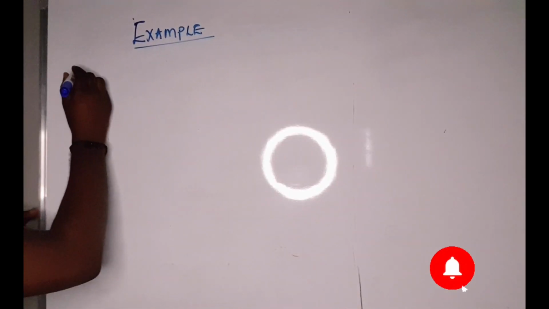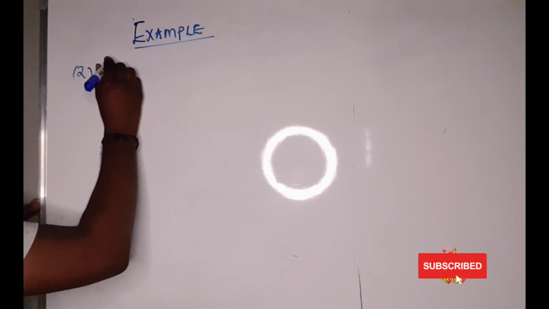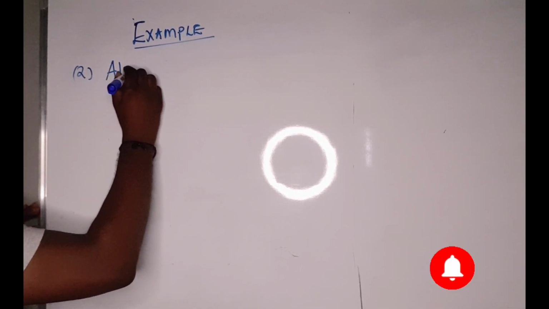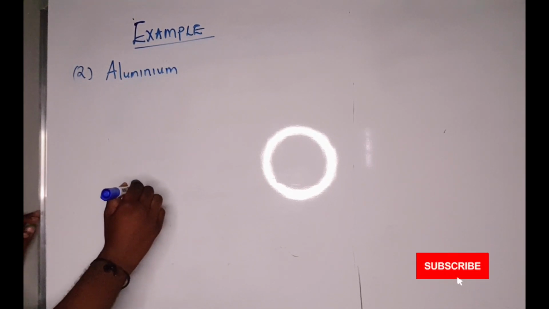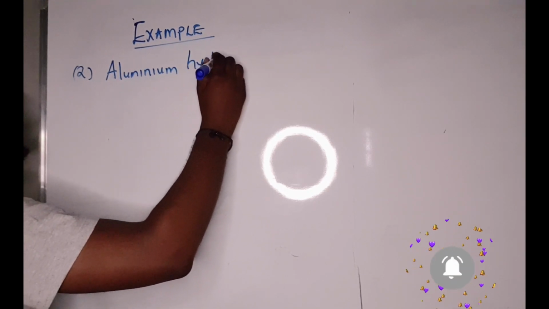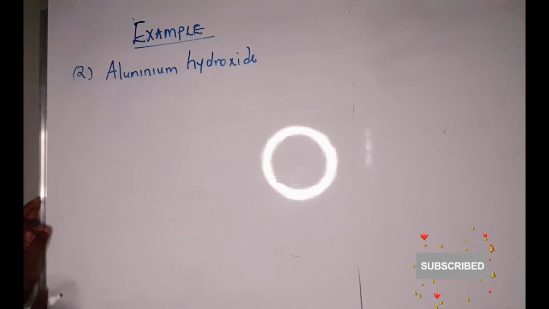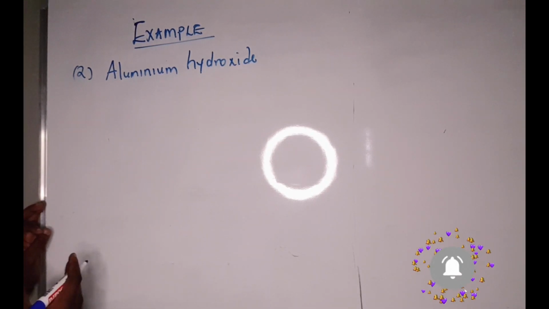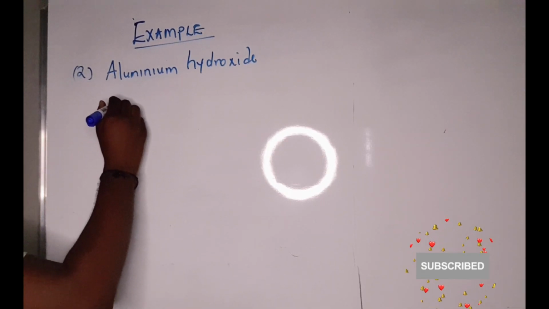We look at example 2. In example 2, we have aluminium hydroxide. So we write the chemical formula for aluminium hydroxide.